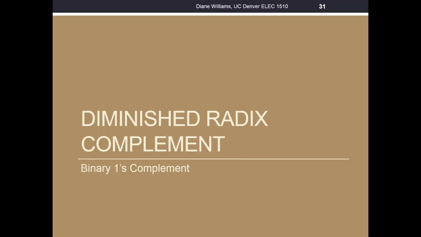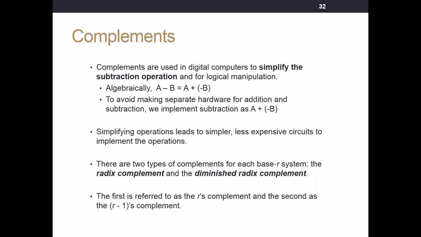We're going to start talking about what's known as the diminished radix complement. In binary, that is known as the ones complement. The complements are used in digital computers to simplify a subtraction operation. If we wanted to perform a minus b, algebraically, we know that this is the same as a plus negative b.